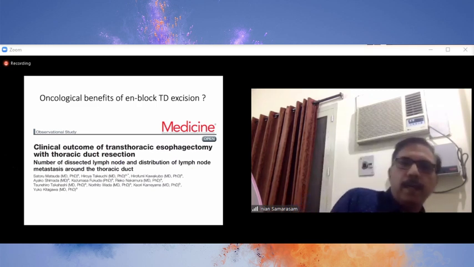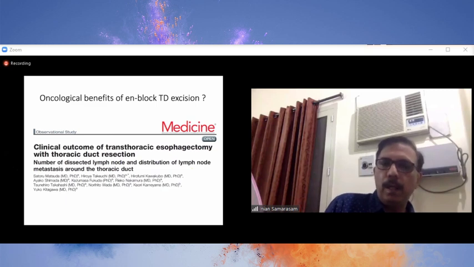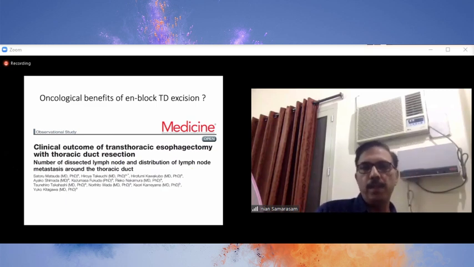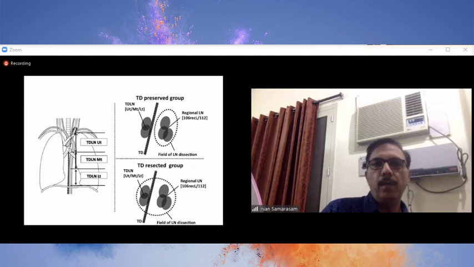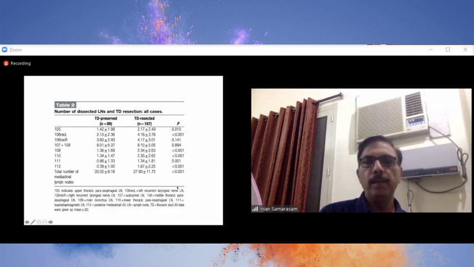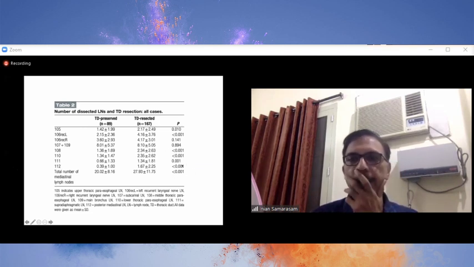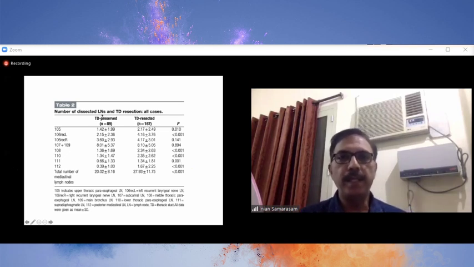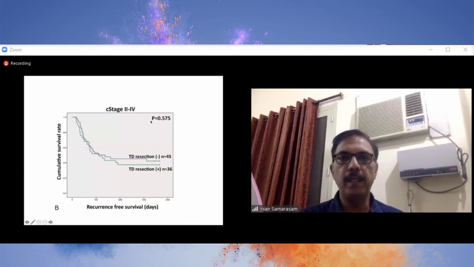Now, for oncological reasons, do you need to always remove the thoracic duct? We know that if you remove the thoracic duct, which is here, you will be able to remove more lymph nodes which lie along the thoracic duct. This has been shown in various studies, and you can see in this study, again, the recurrent laryngeal nodes, the esophageal nodes, a significant number difference when the thoracic duct is preserved versus when the thoracic duct is excised.